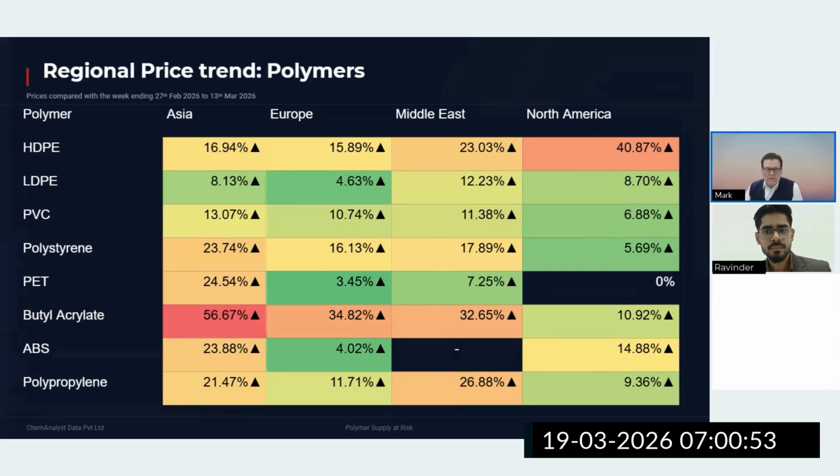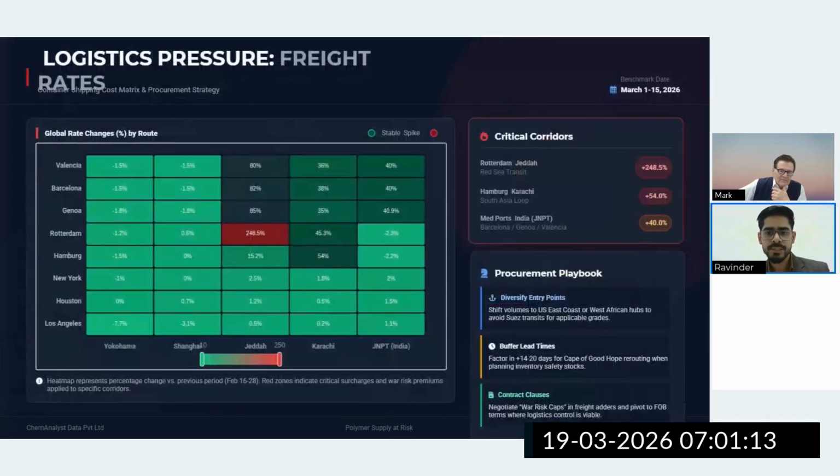Are there any other questions out there that people would like to type into the chat? Got another one. Which regions are benefiting the most from this disruption? For now, I can say the USA might be in a better position because the freight rates are not rising as on the other trade routes we have seen here.